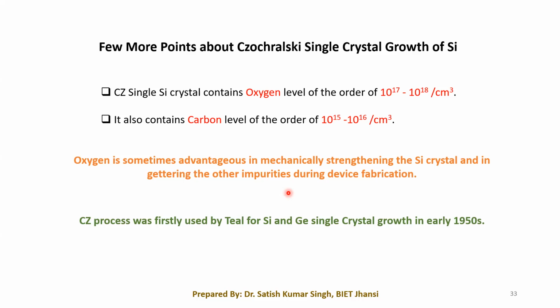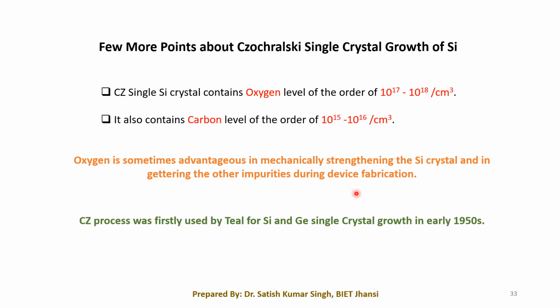Okay, and your other silicon part, or you can say the other volume or other spaces within the crystal, will still be pure. Okay, so that's why we are saying that this oxygen is actually advantageous. It is mechanically strengthening the silicon crystal and also getting the other impurities.